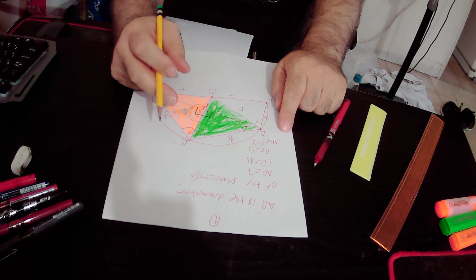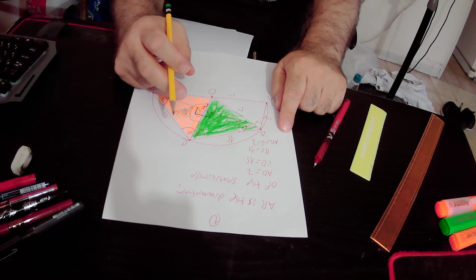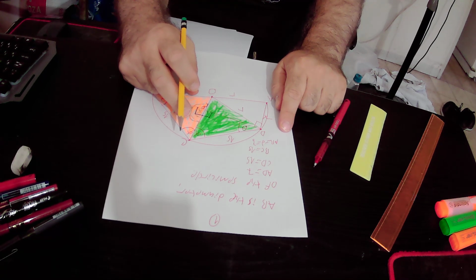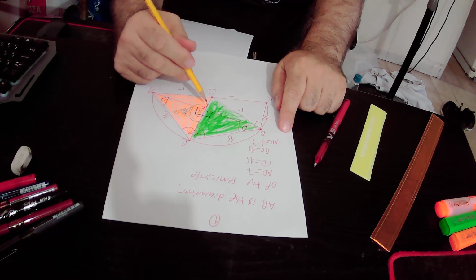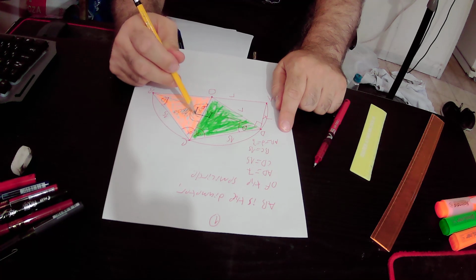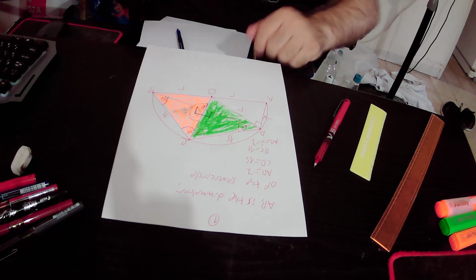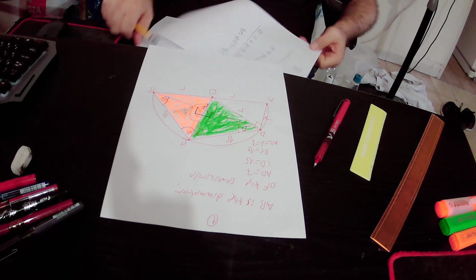The sum of the angles at this side is 90 degrees plus angle OEB. It must be equal to 180 degrees.